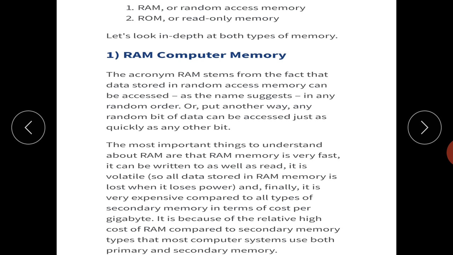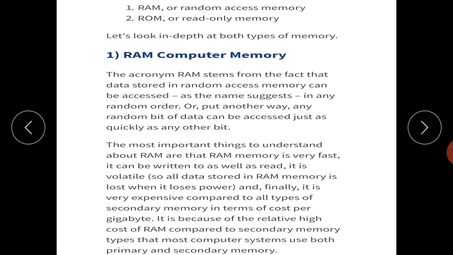Now we will come to the two categories of primary memory. First is RAM, that is random access memory, and second is ROM, that is read only memory. So first we come to RAM. The full form is random access memory. This is volatile in nature.